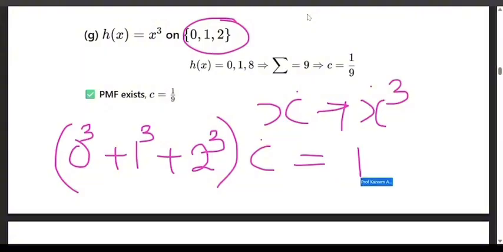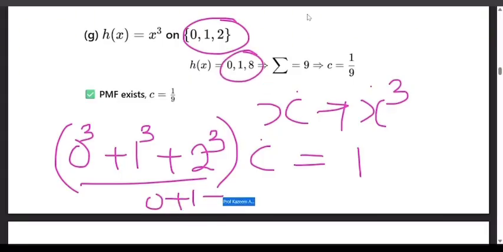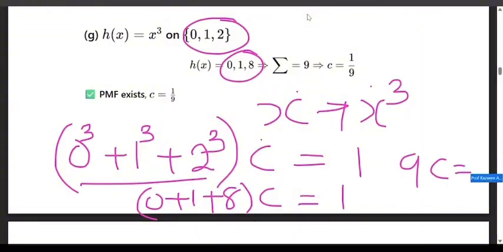So that would be 0, 1, 8. So I'm gonna add 0 to 1 to 8, and I'm actually getting 9c equal to 1. And when you solve for c, that will give you 1 over 9. So that is how that is done.